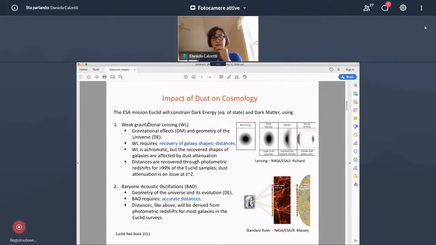Weak gravitational lensing probes gravitational effects by definition, and can constrain the geometry of the universe from the ratio of distances of the target sources. The top figure to the right shows a picture that I lifted from the European Space Agency website that shows the difference in the shape of a galaxy from no lensing to weak lensing all the way to strong lensing.